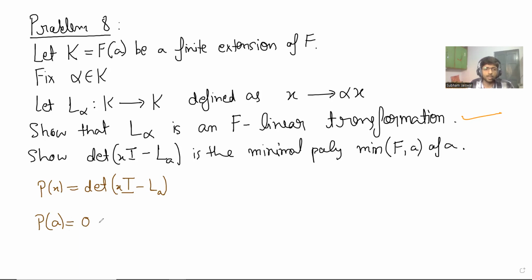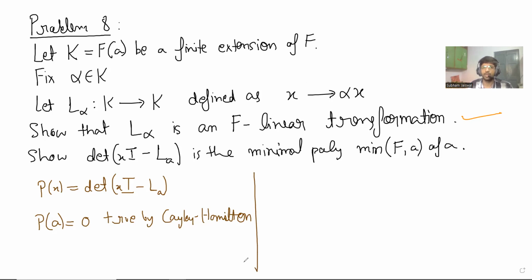Yeah. So this is true, means Cayley Hamilton, not the Cayley theorem we were doing yesterday. Cayley Hamilton. And now we want to show that it is the minimal polynomial.